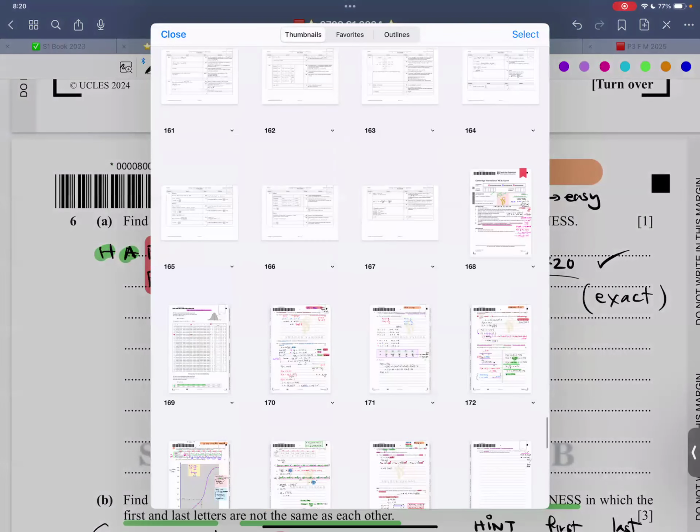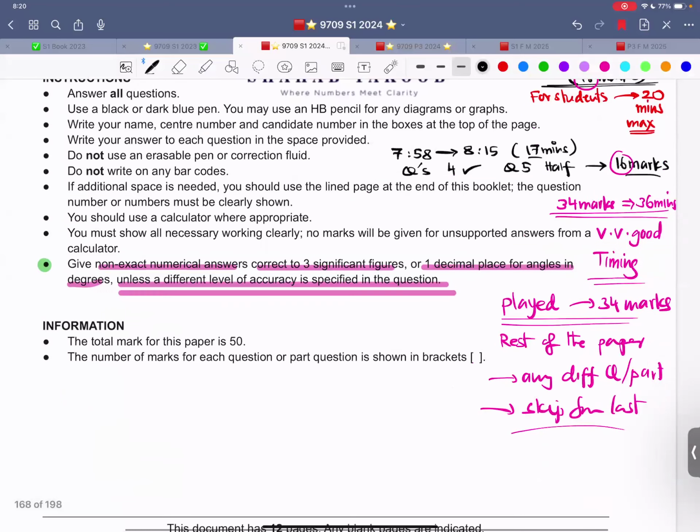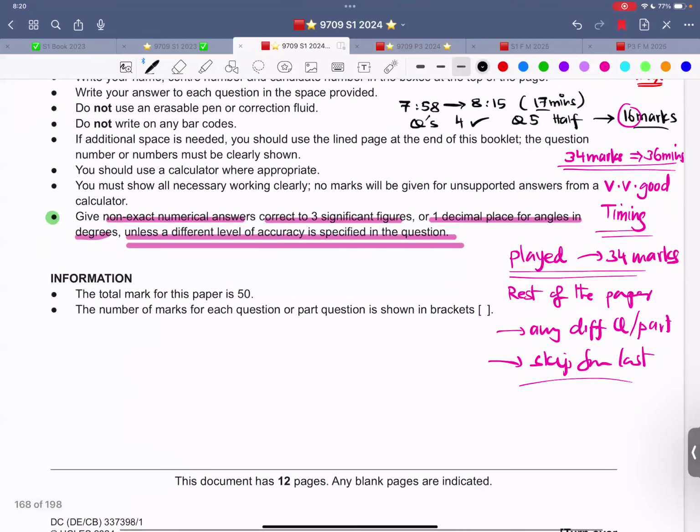So let me again go to the top. And this is like 34 minutes, this thing, and 8:15. And then we started at, let's say, 8:16 or 17, I think. And this is 8:20. So let's say in 4 minutes, you can comfortably achieve 4 more marks, correct?